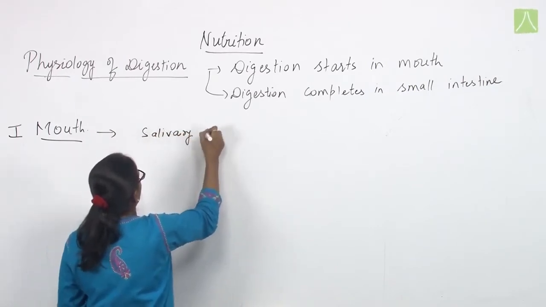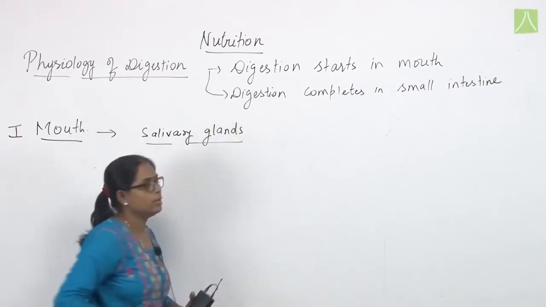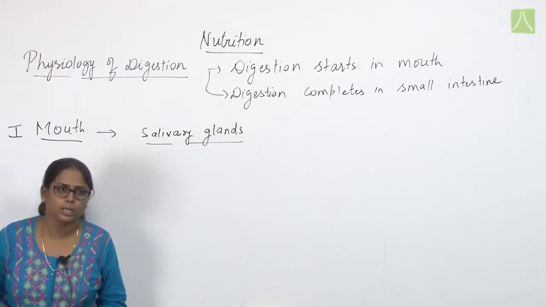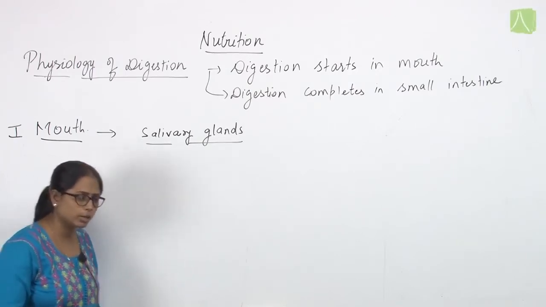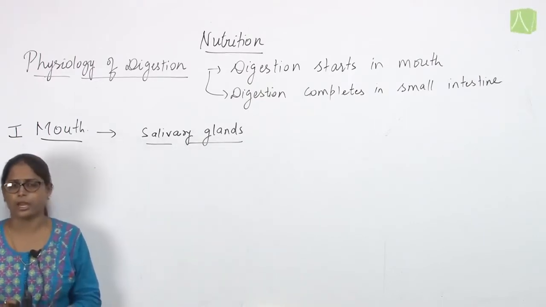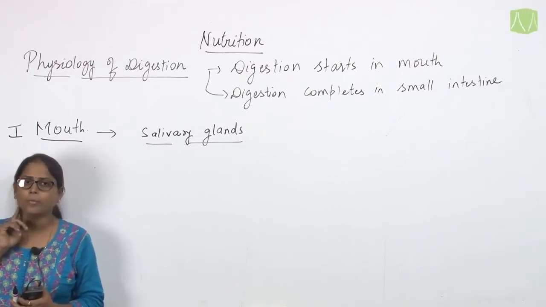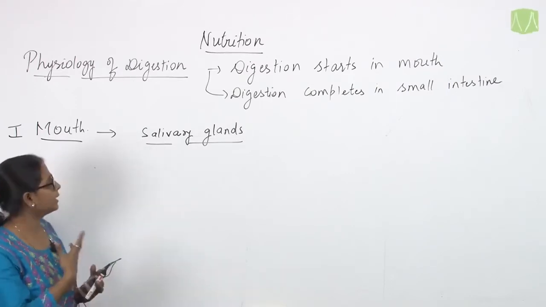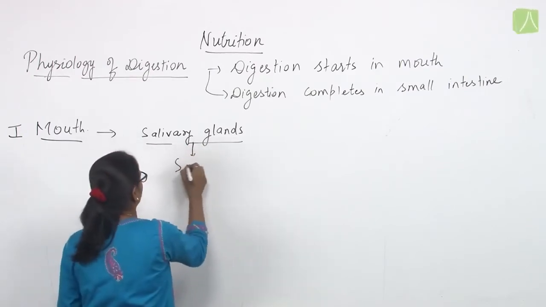The saliva is secreted by salivary glands. In the previous lecture we discussed the three types of salivary glands: submaxillary gland, sublingual gland and parotid gland. These glands, located in the mouth region, just below the lower jaw and below the ear, collectively secrete saliva.